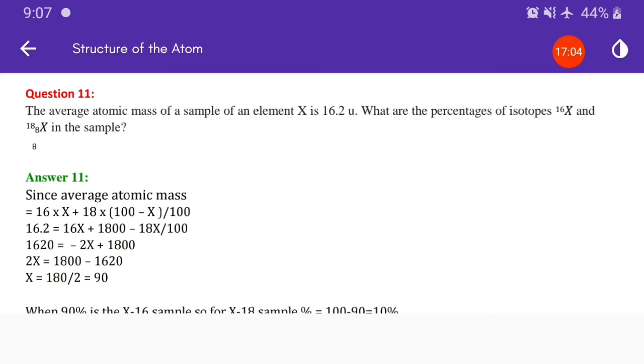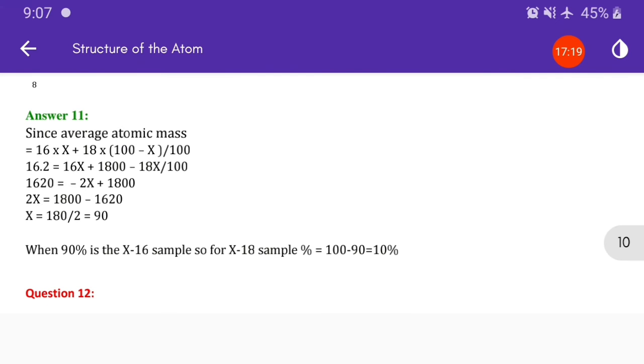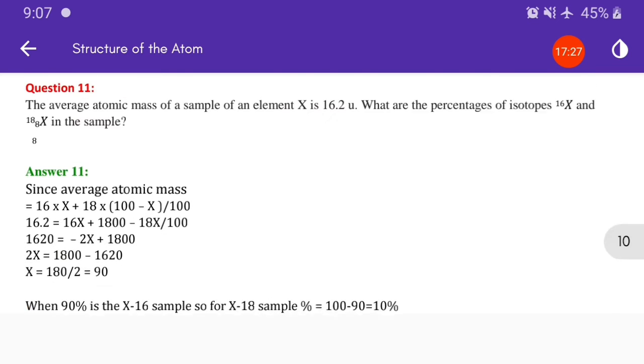So 16.2 is equal to (16x plus 1800 minus 18x) divided by 100. So the x value will be 180 divided by 2, which is 90. So 90% is the X-16 sample. For the X-18 sample, it will be 100 minus 90, which is 10%.